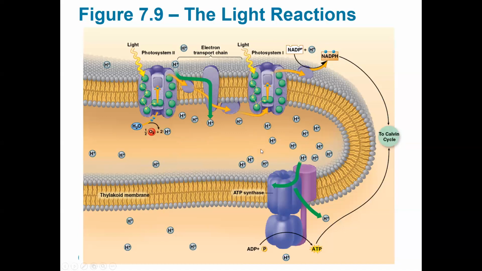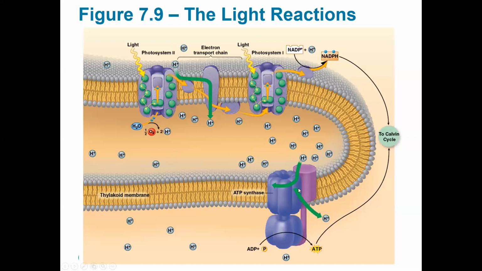And so just like in cellular respiration, with its ATP synthase, in the light reactions, ATP synthase works the exact same. So these hydrogen ions will travel down through the gradient here. It will travel into the ATP synthase, which will funnel it or fuel it to turn.